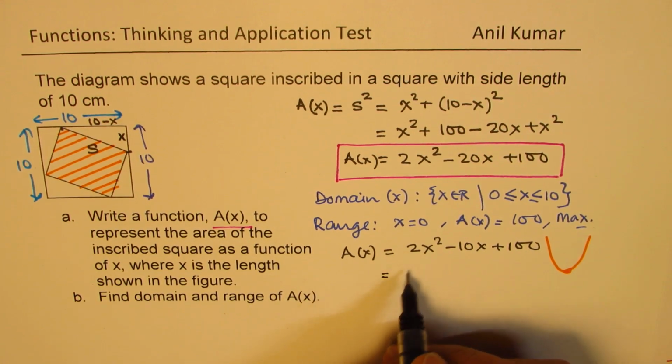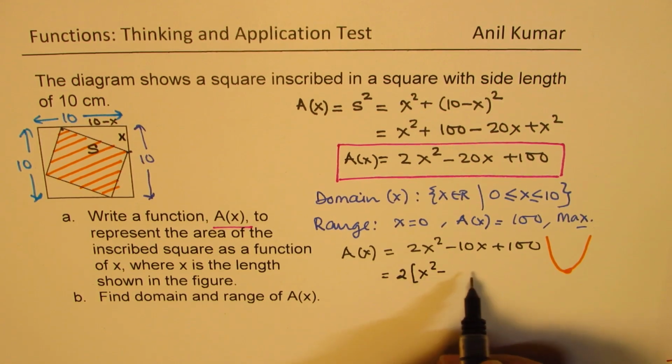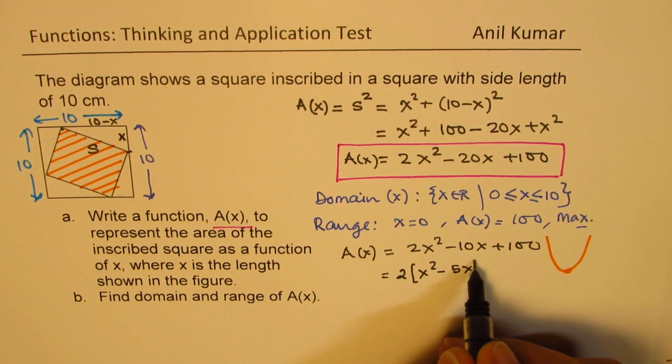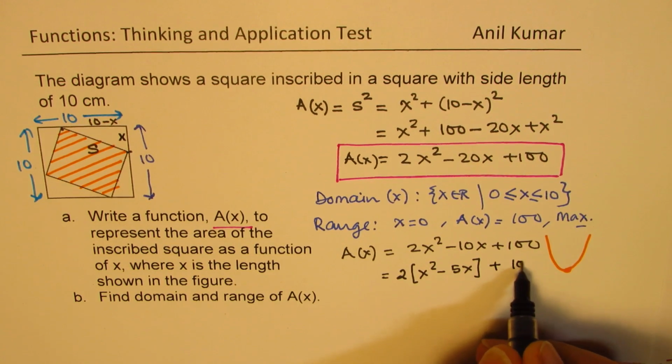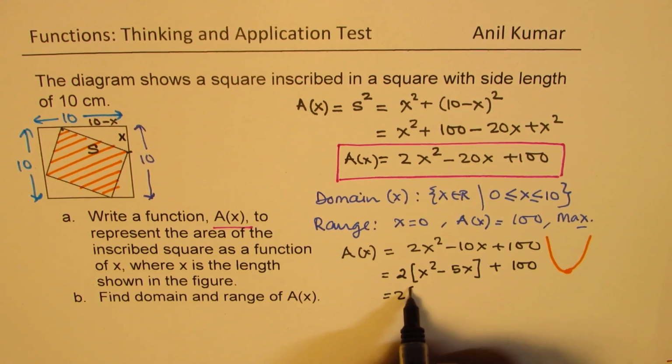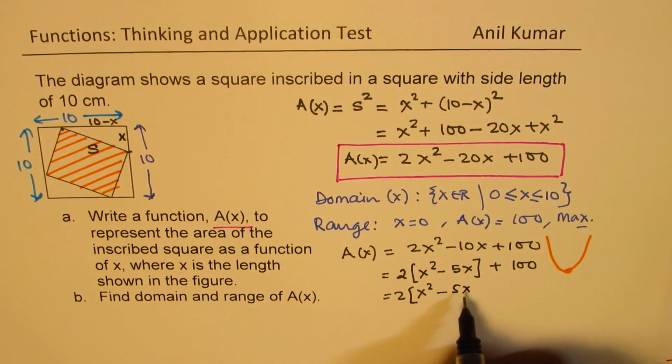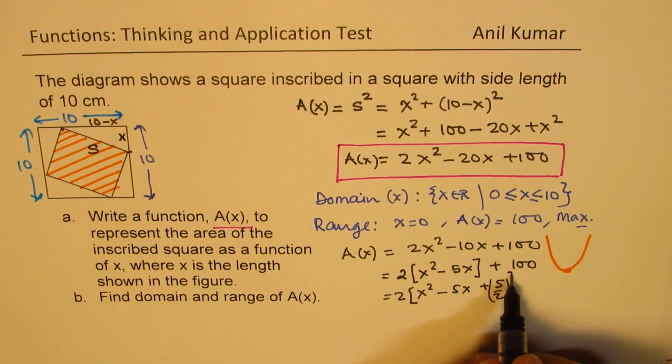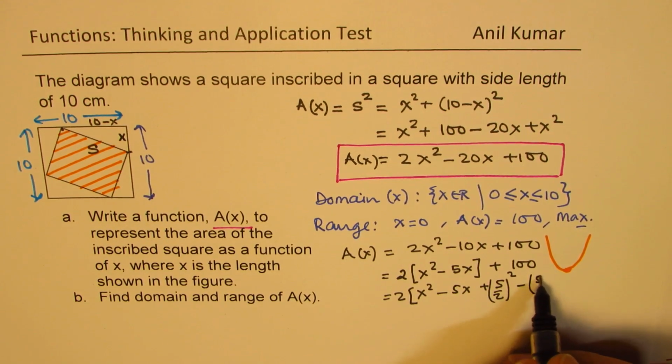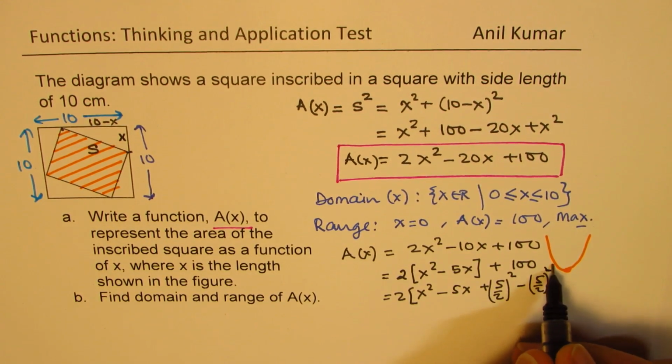So for completing the square, we can take 2 common, right? So we get x squared minus 10x plus 100. Let's keep it outside, as we do for completing the square. And then we can take half of 10, which is 5, square it, add and subtract this number, right?